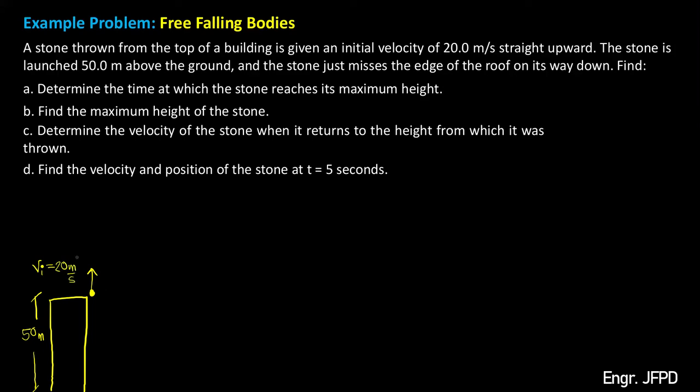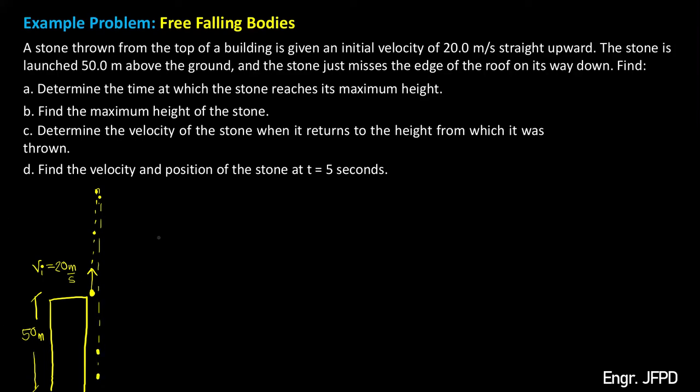And of course, after a certain time, this stone will reach its maximum height. After reaching the maximum height, the stone will momentarily stop and will start to fall. Based on the problem, the stone will just miss the edge of the roof on its way down. And as we see, the stone will fall to the ground or will strike the ground.